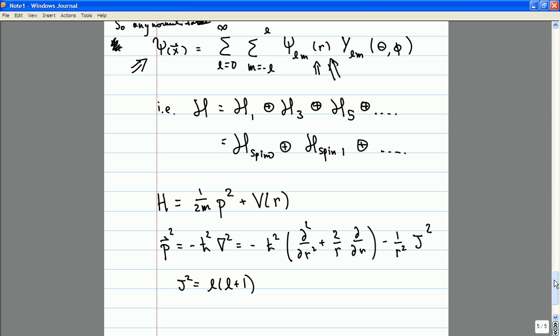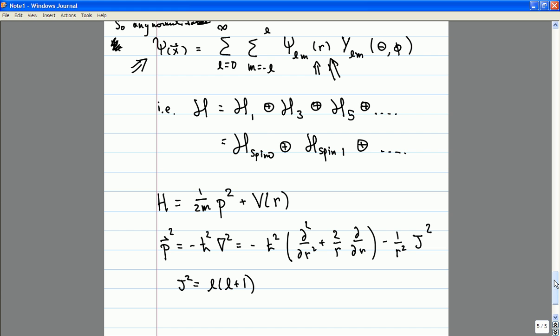There's another secret symmetry of the Kepler problem of a particle moving in a 1 over r squared potential. I wish I remembered the name of the symmetry. What's it called again? It's the Runge-Lenz vector. So there's this thing called the Runge-Lenz vector, which is a secret symmetry of the Kepler problem and of the hydrogen atom.